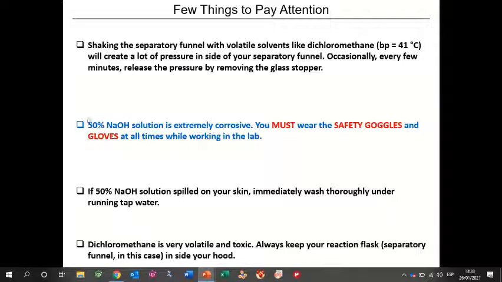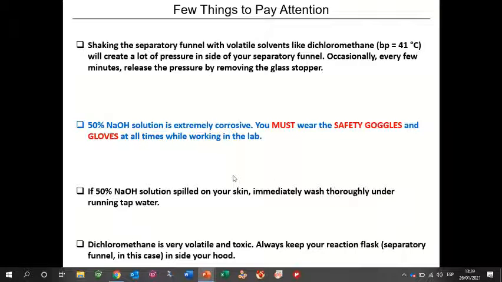Also, 50% sodium hydroxide, and this is very important, is extremely corrosive. It means that you must always wear safety goggles and gloves, but in this case it's much more important to use your protective equipment properly, right?